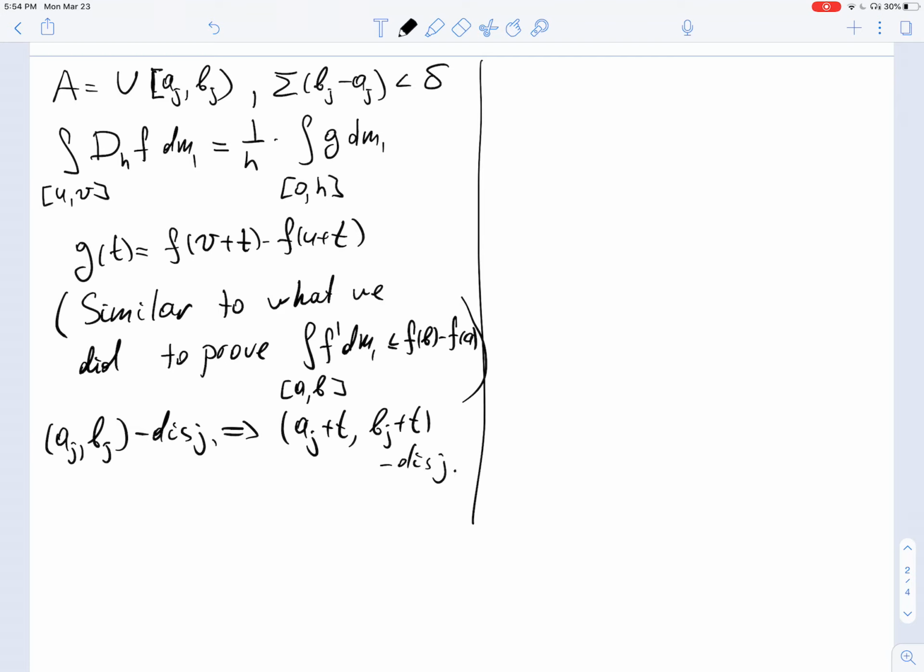Obviously, we just shift everything. And this implies that the sum of f of bj plus t minus f of aj plus t, and they have the same length, and they don't need absolute values because we assumed f is increasing, is less than epsilon.